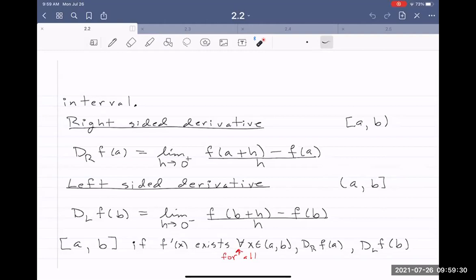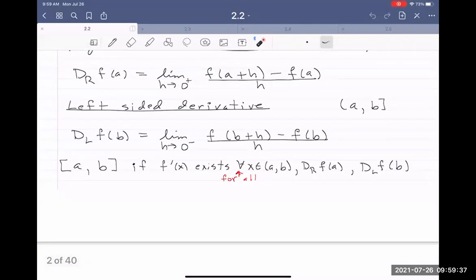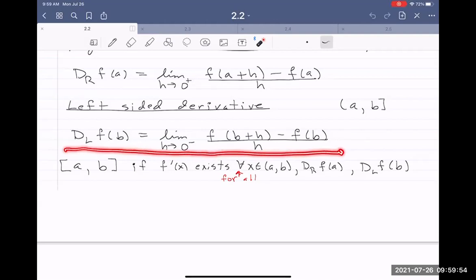Just like what we did with continuity, where I had to talk about being continuous from the left, I'll talk about a left-sided derivative. The left-sided derivative of f at b is the limit as h approaches 0 from the left of f of b plus h minus f of b, all divided by h.